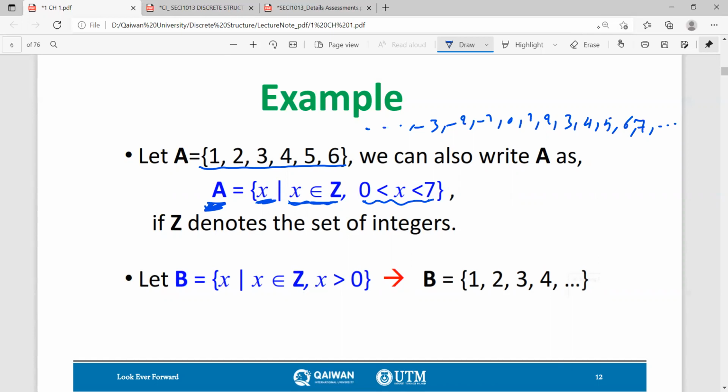What are the elements from 0 to 7? 0 and 7 are not included because here we have no equality. That means 0 and 7 are not included. And the numbers between 0 and 7 are all included, from 1. 0 is not included, and 7 is not included also. These elements are the elements of set A. This is P of x that I talked about before. I said that's the condition on x.